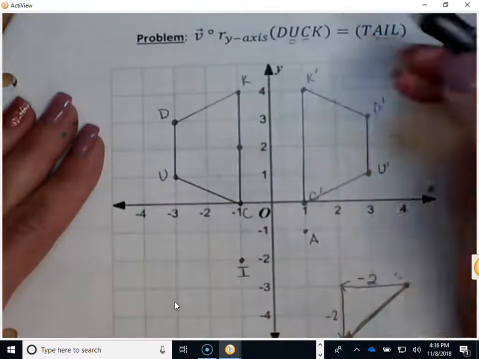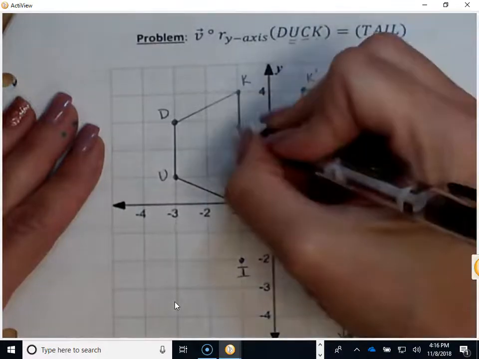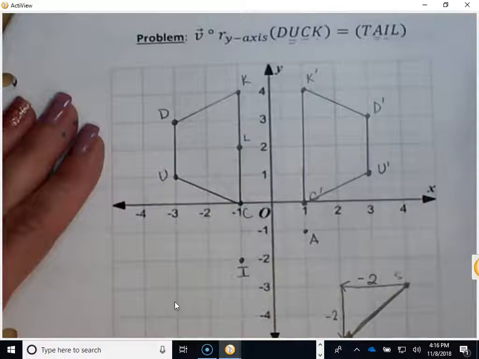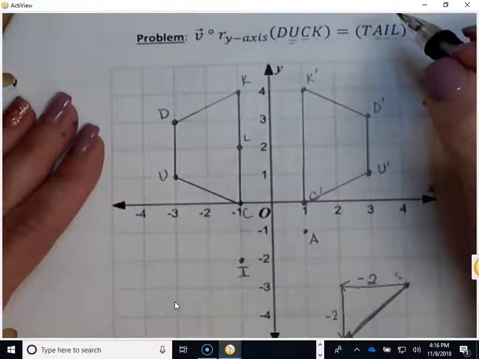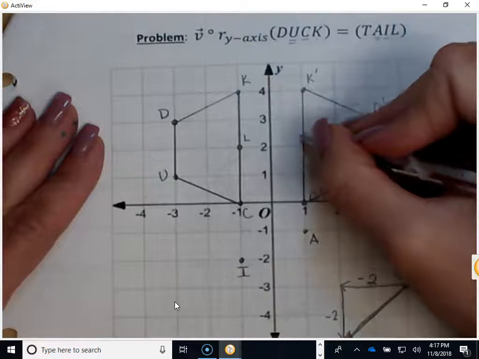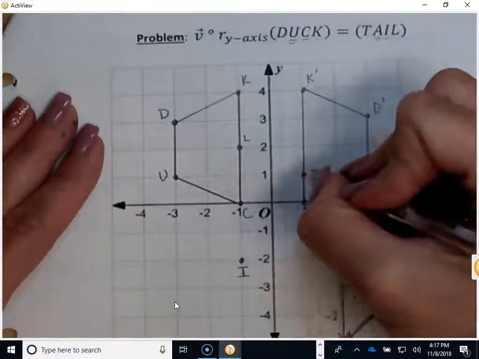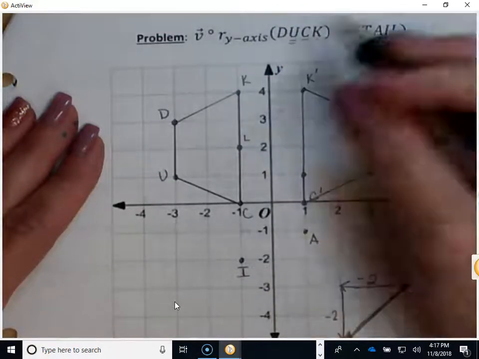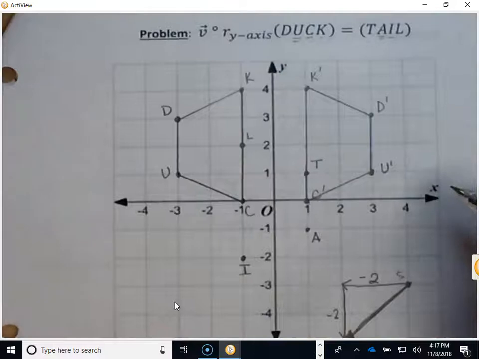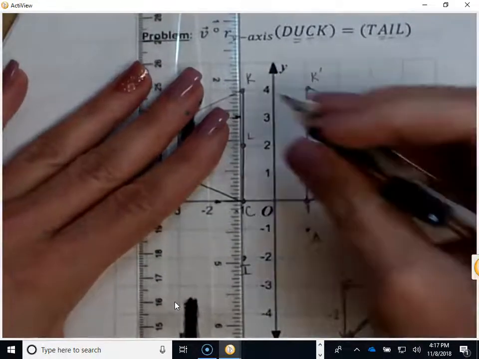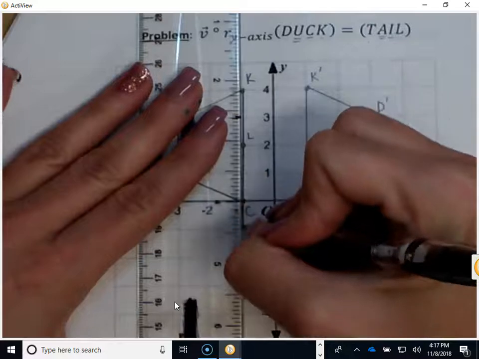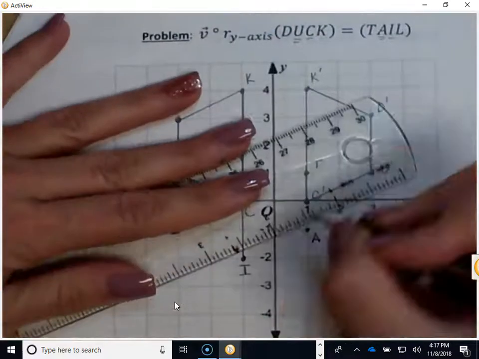Instead of calling it K double prime, it's the last letter, L is the last letter, so that one's L. And then D to the left 2, down 2 places us here. And since it's the first letter, T is the first letter. Boom. There's my letter. So we're going to connect T, A, I, and L, and then highlight that image so that we can see what our final image is.